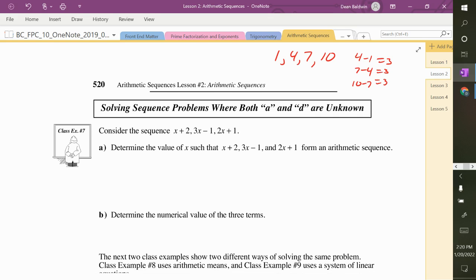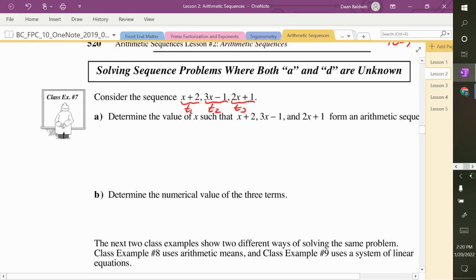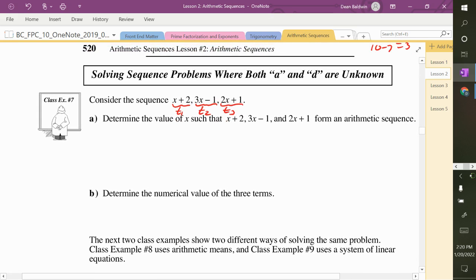Okay? So if you have something like this, and I'm telling you it has to be an arithmetic sequence, because we only study arithmetic sequences in Math 10, then what that means, if this is the first term, that's the second term, and that's the third term, T1, T2, T3, is that T2 minus T1 should equal T3 minus T2.